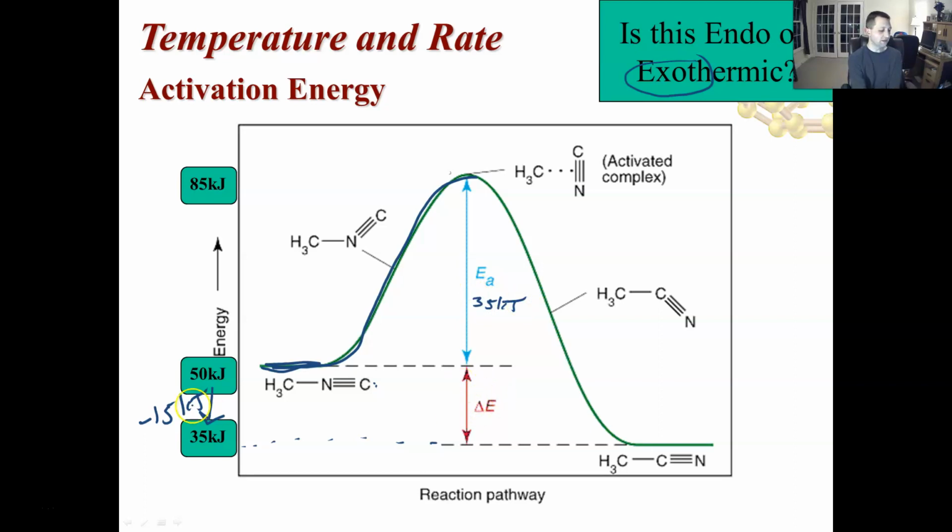That's your overall energy change. We already defined that. That is negative 15 kilojoules. I can ask you what the energy of your product is, and that is going to be 35. Just reading a graph is very easy. The energy of your reactant is 50 kilojoules. The energy of your transition state is 85.